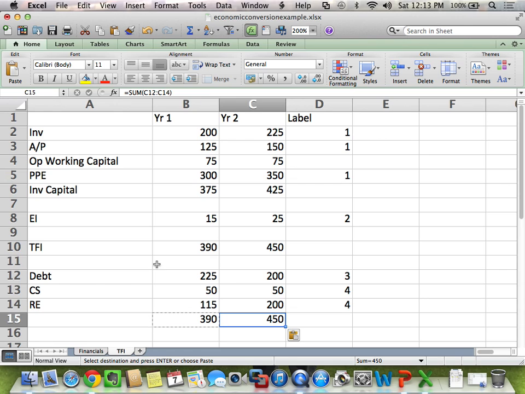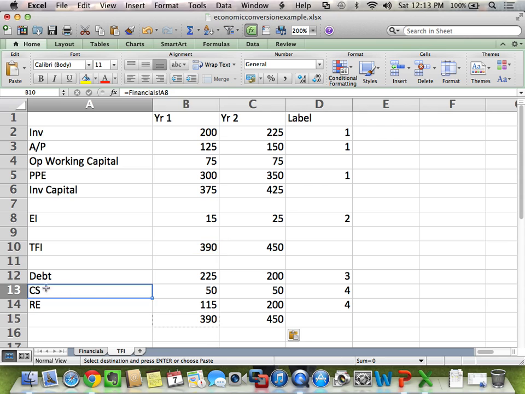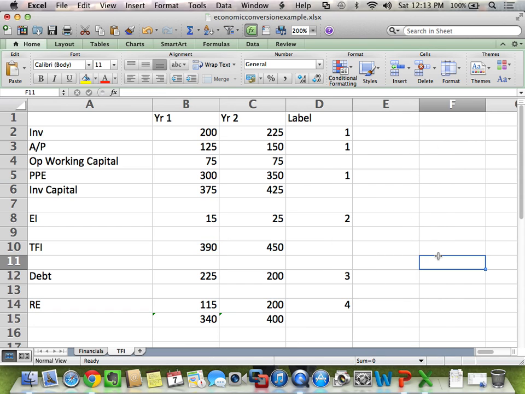So let's just say that for whatever reason you forgot to put in common stock at par value. You got a Lego on the floor, right? I didn't get every item accounted for off my balance sheet. Well, guess what? My statement doesn't balance.